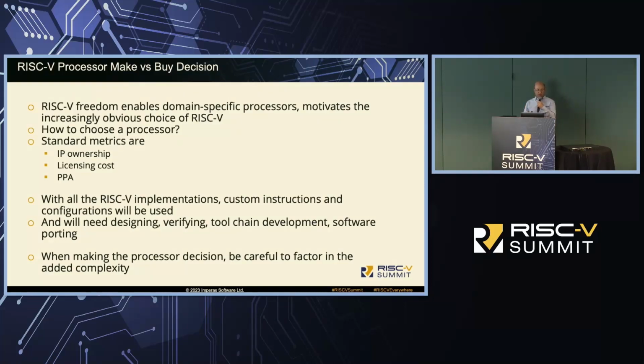But with all the RISC-V implementations, the custom instructions and custom configurations are going to be used. And with these, you're going to need designing, verifying, tool chain development, software porting. And again, when making this processor decision, be careful to factor in the added complexity of the custom instructions and what you're going to need to do.